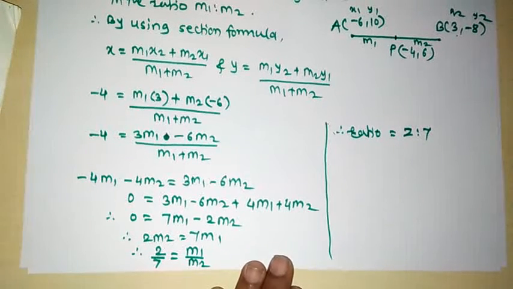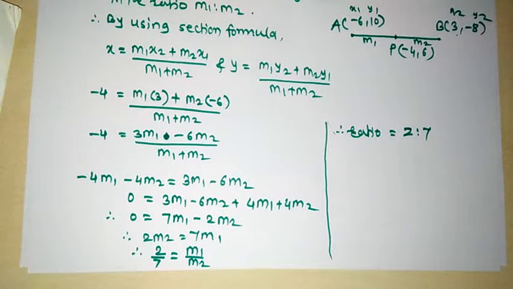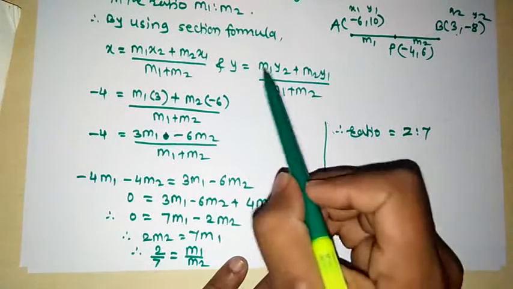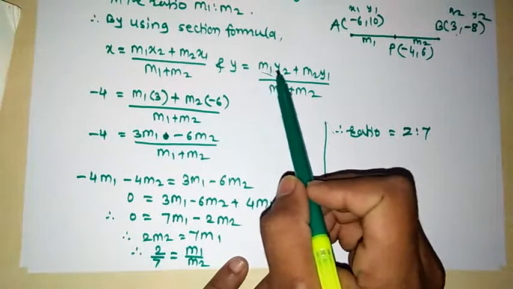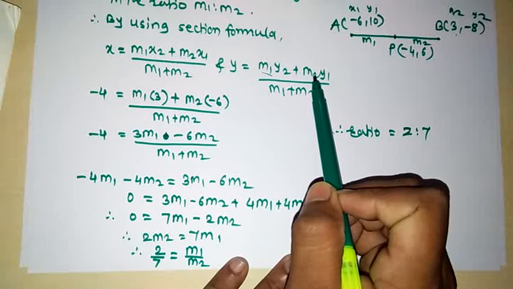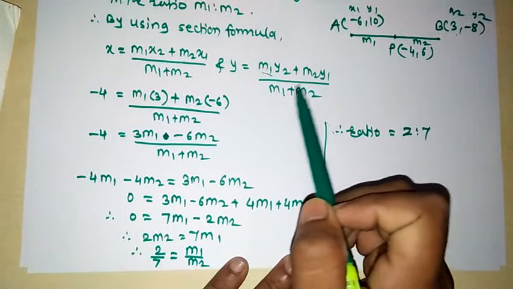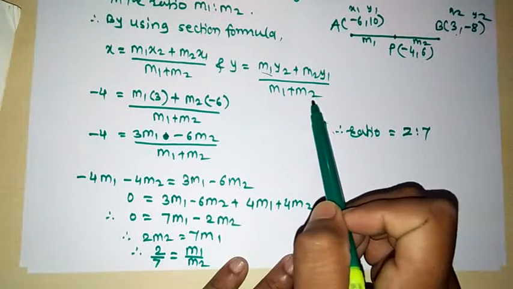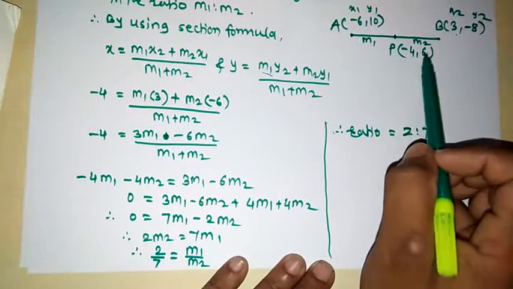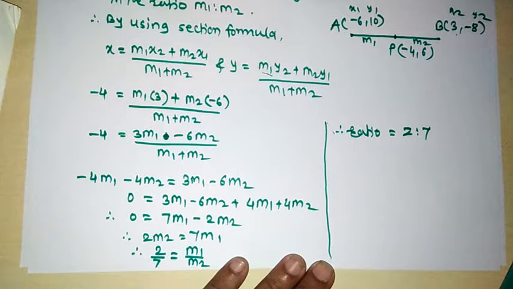To cross check whether this ratio 2 is to 7 is correct or not, put here y is equal to, instead of M1 you have to write 2 and instead of M2 you have to write 7, and put y2 and y1, and here also 2 plus 7. You will get whether y coordinate is equal to 6 or not. You have to check. If you got 6, then your answer is correct, otherwise your answer is wrong.